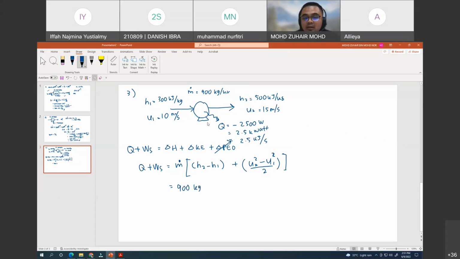So I am going to put in all the values with the units. The mass flow rate is 900 kg per hour, times H2 minus H1, which is 500 minus 300, in kilojoule per kg, plus the velocity term, 15 to the power of 2 minus 10 to the power of 2.